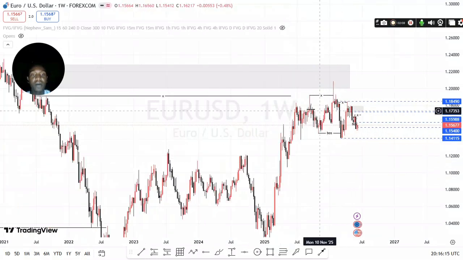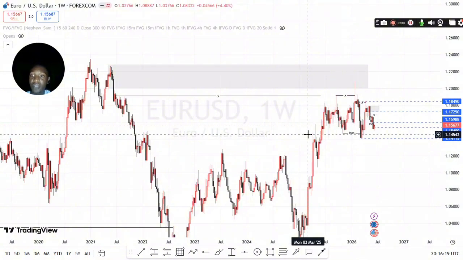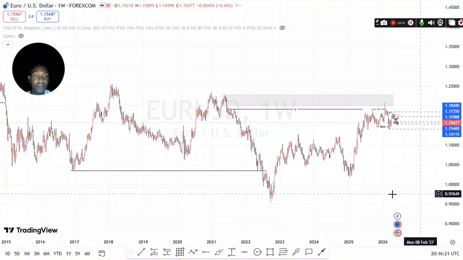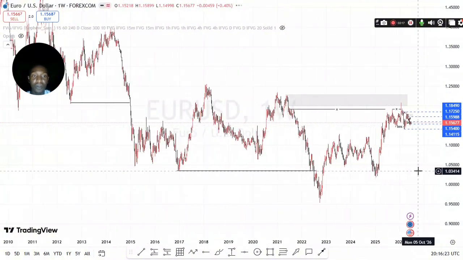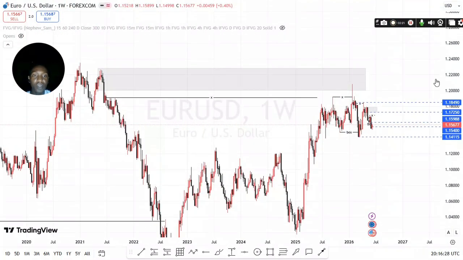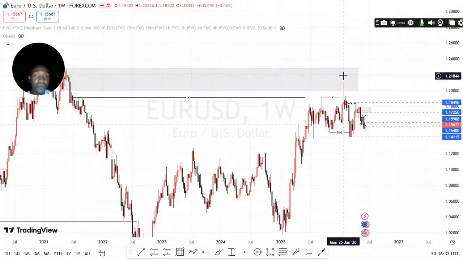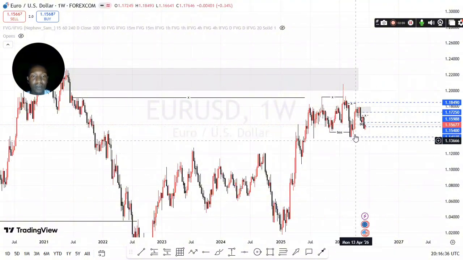So we now have our confirmation that EU is going to sell at least, to continue this trend on the monthly time frame. That is the idea I want us to get. You can see the liquidity sweep to the upside, tapping into the order block, and breaking to the downside.